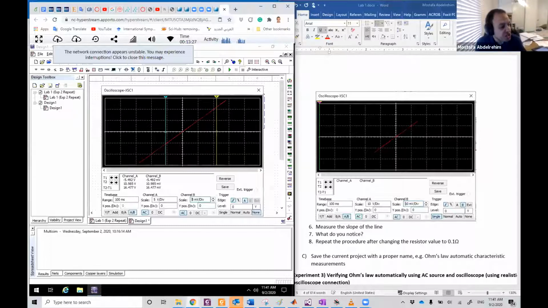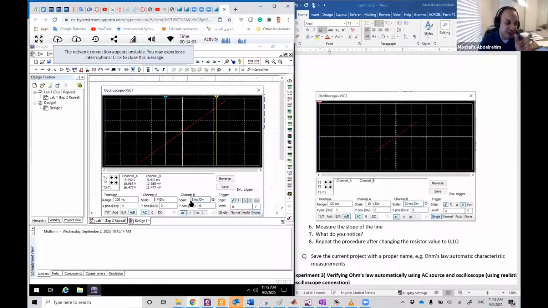To measure the slope, we need only 2 points. For example, the 0 and 0 point, which is very nice. We have a point crossing on 0, because if the voltage is 0, the current is 0. So you must have a point crossing the 0 axes, 0 on this axis and 0 on this axis. And the second point, neatly, will be this one, which I'm pointing at. The x at this point is 1 division. So 1 multiplied by 5 is 5 milli.